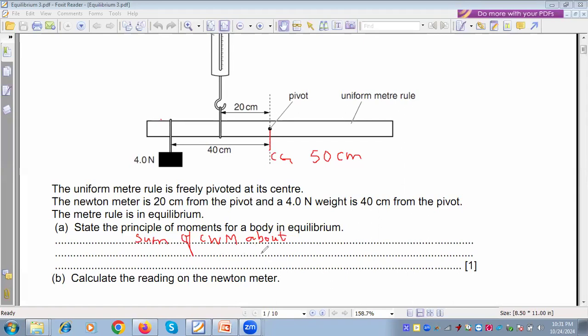The body has to be in equilibrium. Sum of clockwise moments about a point is equal to sum of anti-clockwise moments, ACW, about the same point, same pivot.